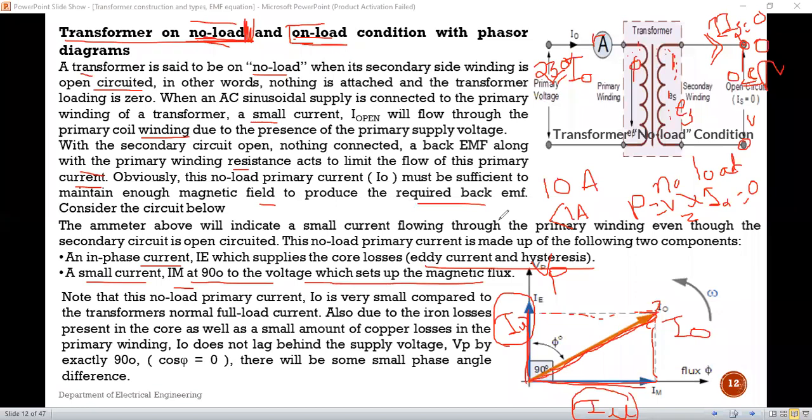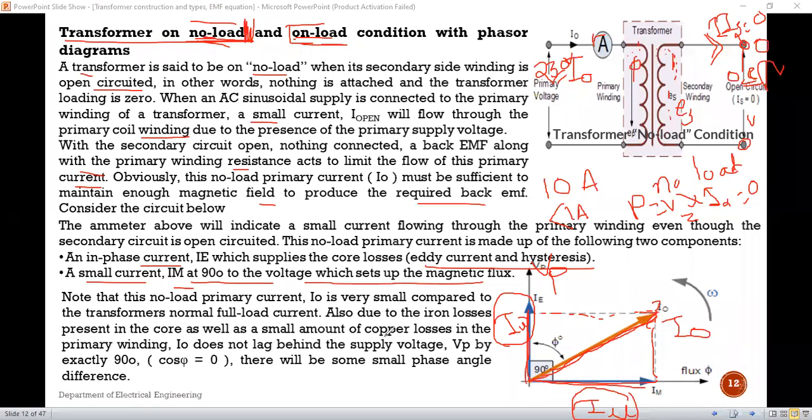Okay, see, this no load primary current is very small as compared to the transformer full load current. Also, due to the iron losses present in the core, as well as a small amount of copper losses in the primary winding, I0 does not lag behind the supply voltage VP by exactly 90 degrees.